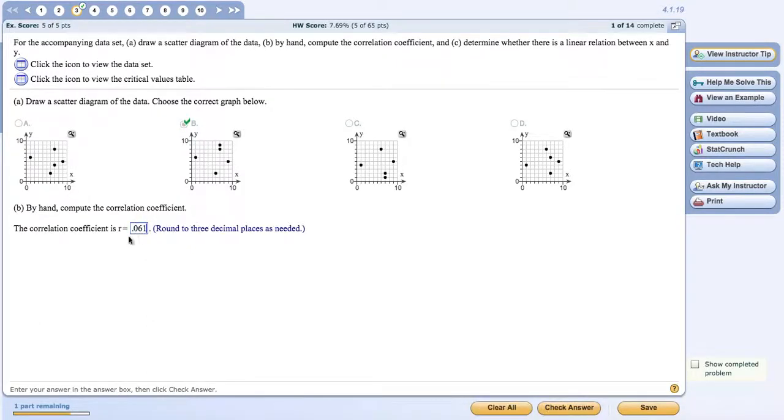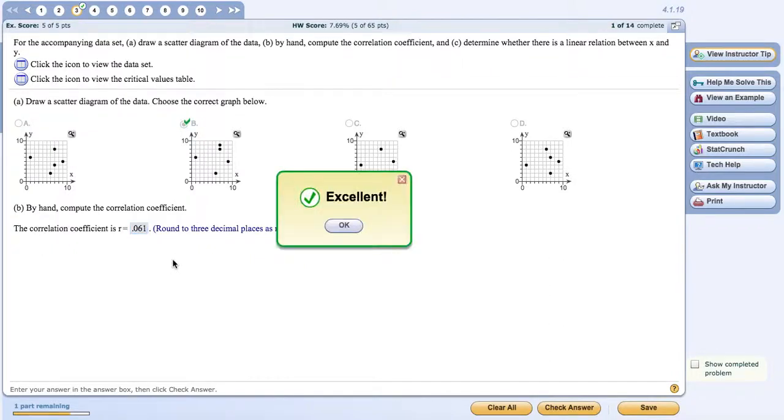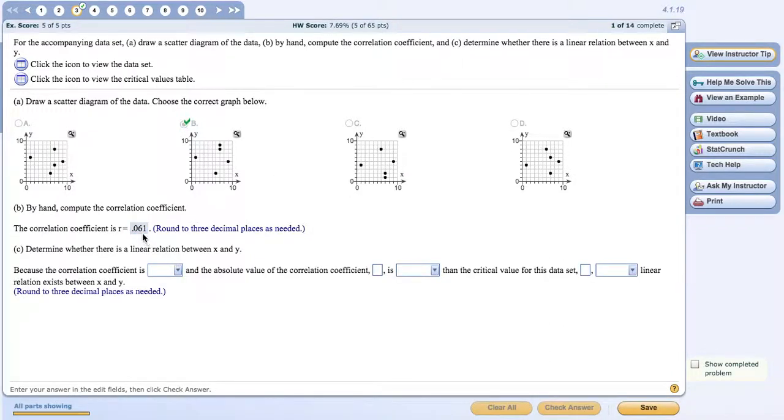And this is the correlation coefficient, and this tells us how close the points are to being linear, to making a line. The closer it is to 1, I often tell students, think of money. The closer it is to either a dollar or a negative dollar, the closer it is to looking like a line.